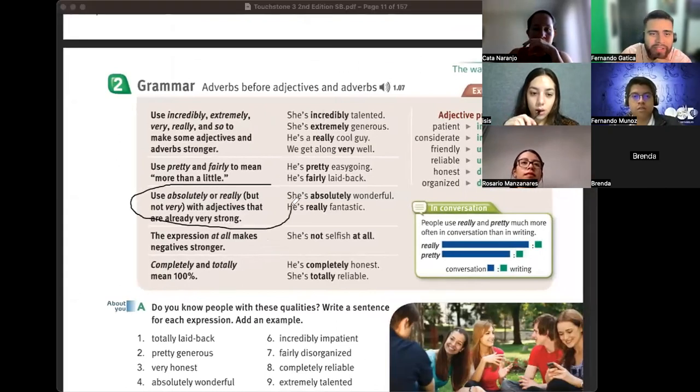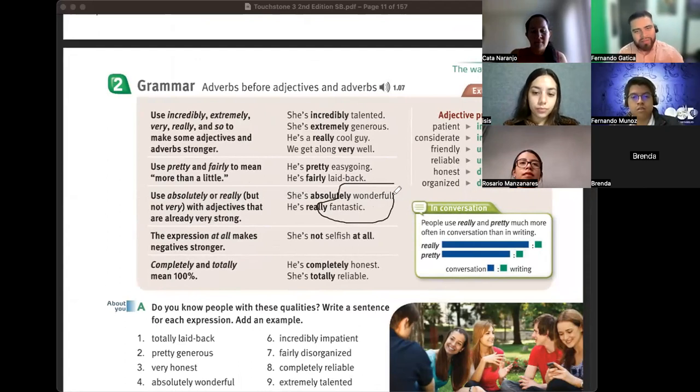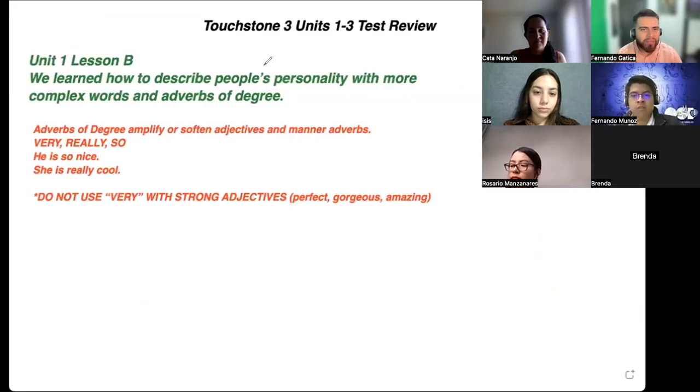Use absolutely and really with adjectives that are already strong, but not very. No usen very. Okay, here are some examples. She's absolutely wonderful. She's really fantastic. You know, wonderful and fantastic are strong adjectives. They don't need the word very. The word very is for little words like very big, very small.